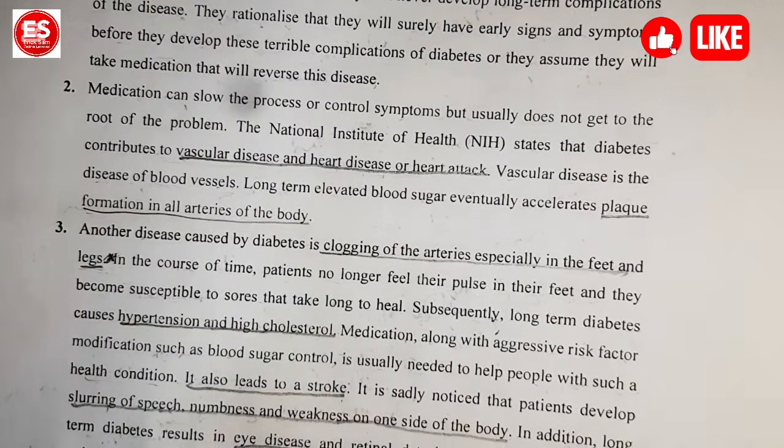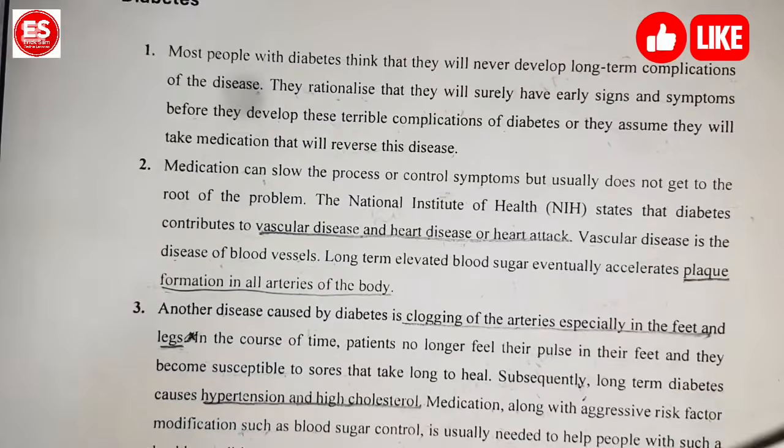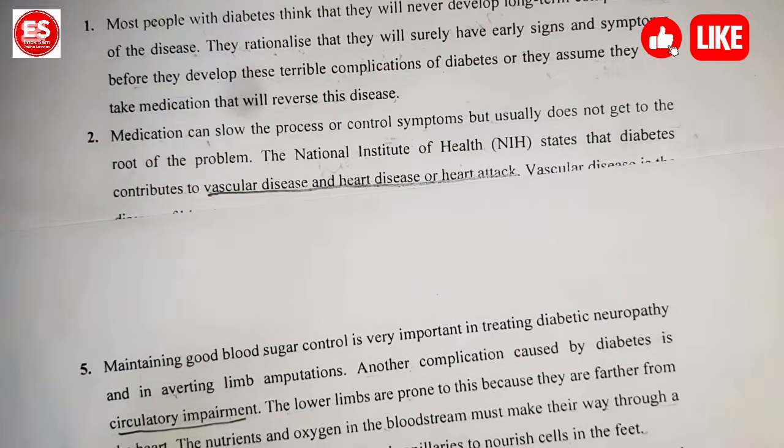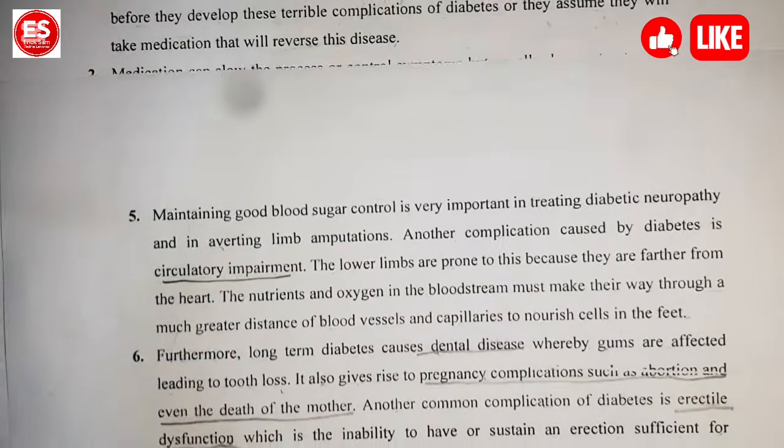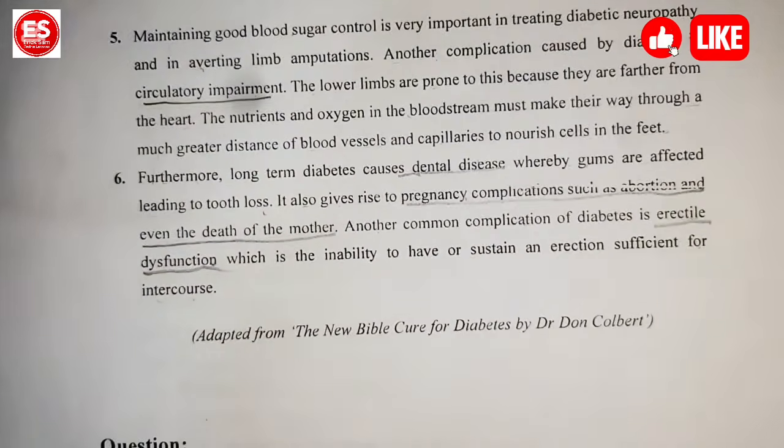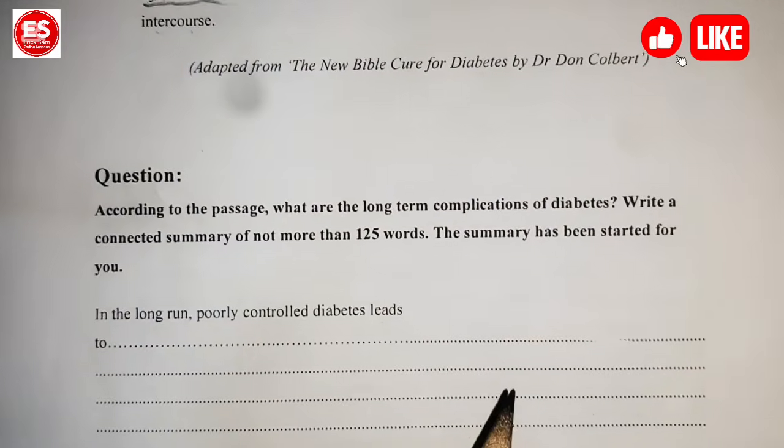Now, you can create your own simple way. You can use some of your own words to connect these points. You can see here they've started already.